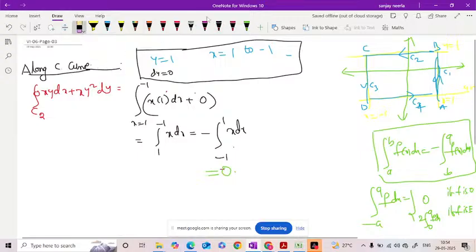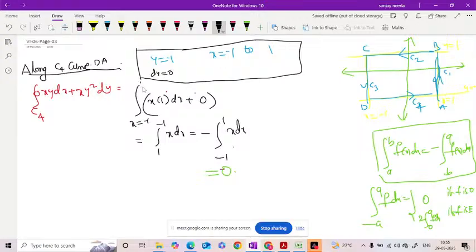So in DA, y is equal to minus 1 and x is running from minus 1 to plus 1. Just limits minus 1 to plus 1. X is minus 1 to plus 1 and y is equal here minus 1 and the dy is 0, so entirely 0.